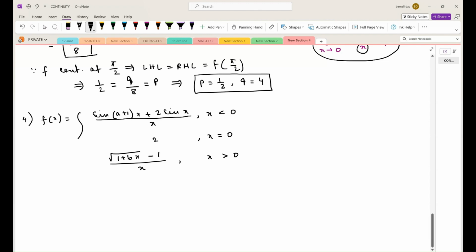So this is how the function is given to us. If continuous at x equal to 0, you have to find the values of a, b.